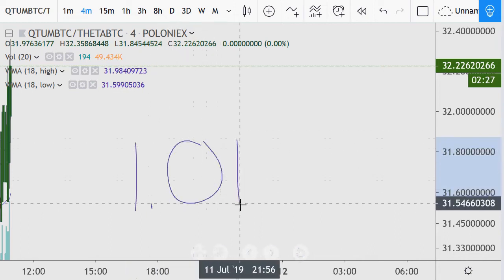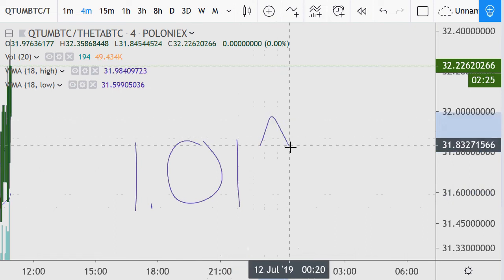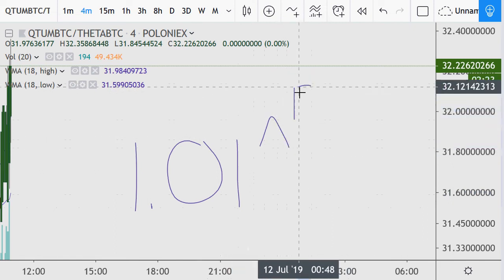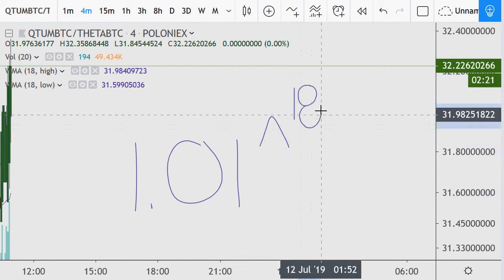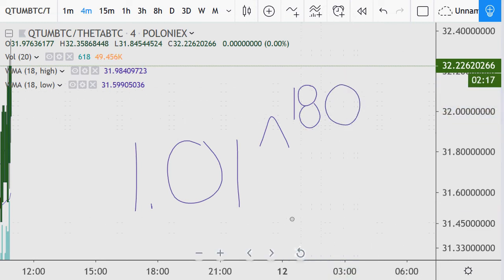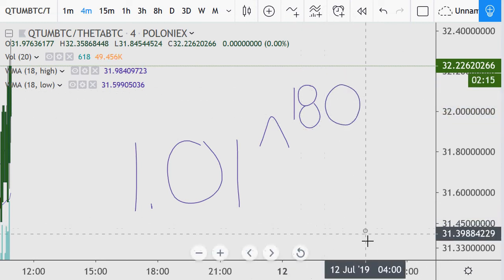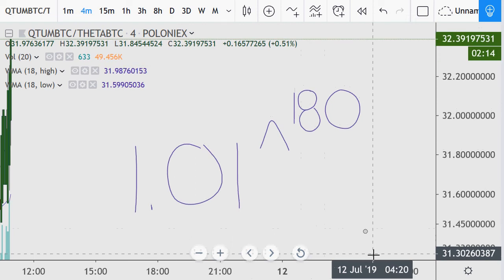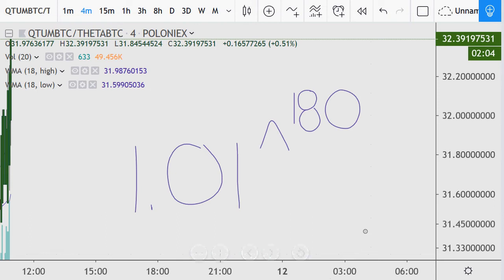mathematical question. 1.01 to the exponent of 180. And I think it's 6 or 7. I think it was 6.